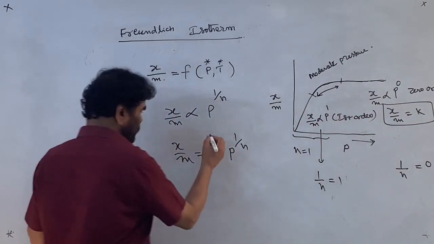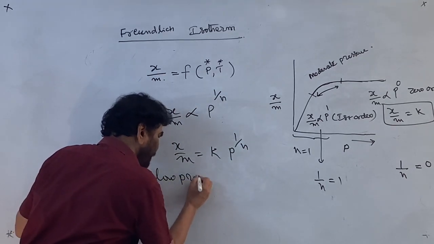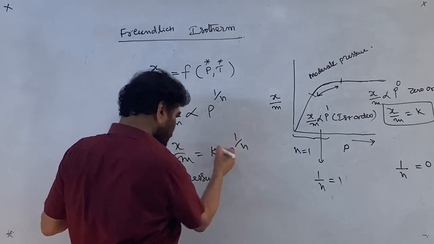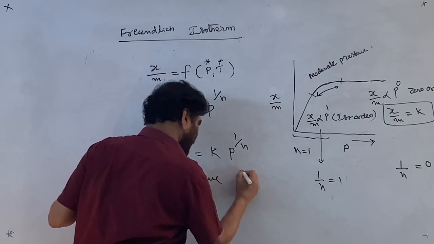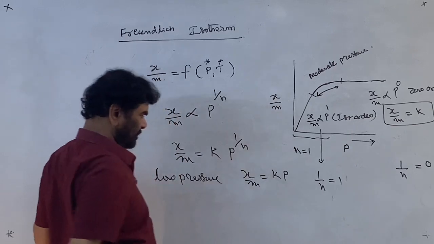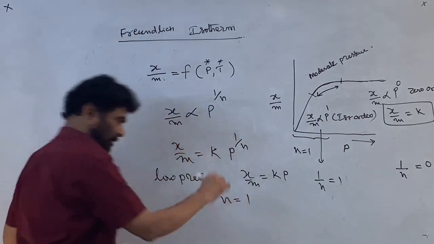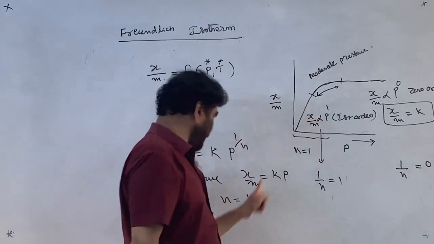So in the first case, low pressure, x by m should be equal to kp, right? Therefore n should be 1. Here in this region, n is 1.